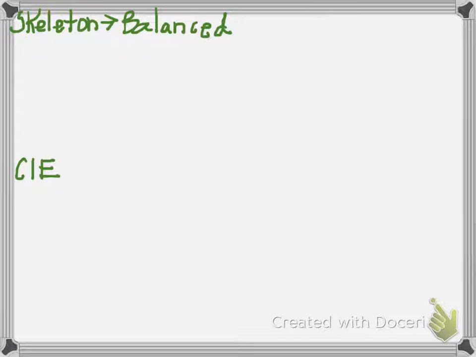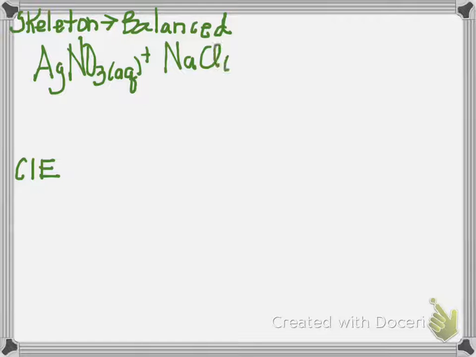So to give myself a little bit more room, I'm going to rewrite that skeleton equation here again, that balanced equation. So I have AgNO3, and I'm going to put that aqueous behind it, plus NaCl aqueous produces, and we had our AgCl, and I'm going to tell you right now that that's a solid.